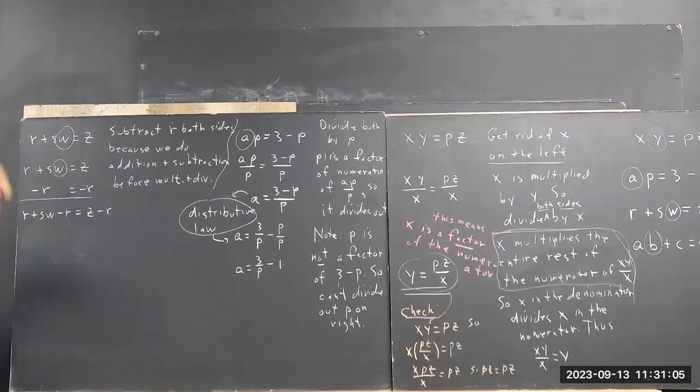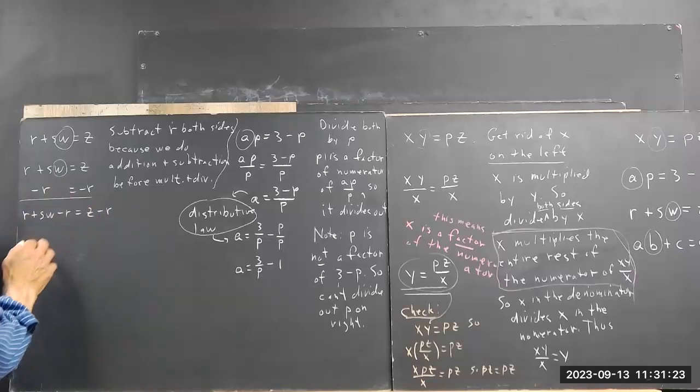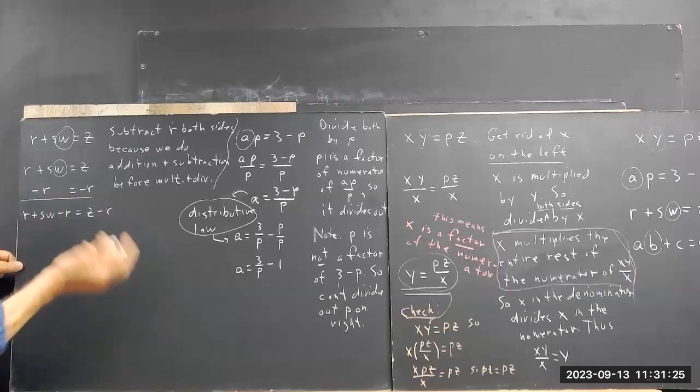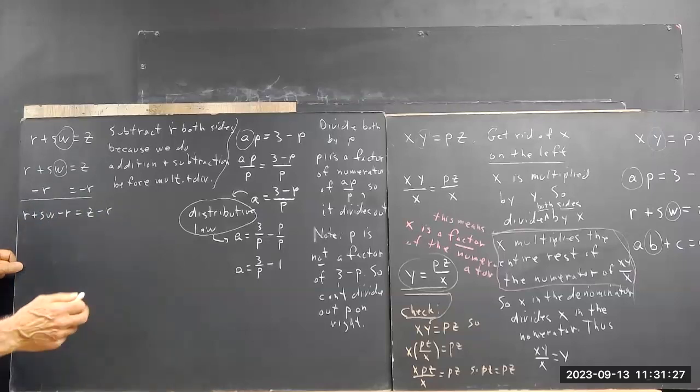And people are doing completely wrong things when they write it out like this and don't write it like this. So I want to see this step. Make sure we've got it. Now, R minus R is 0.